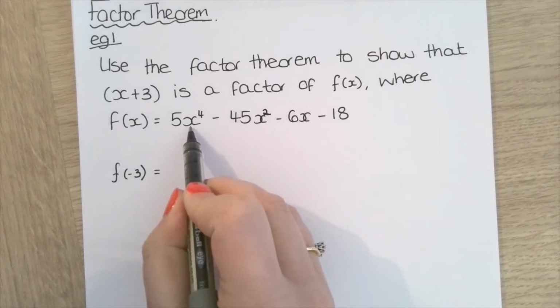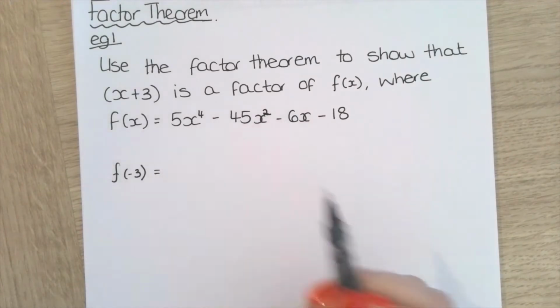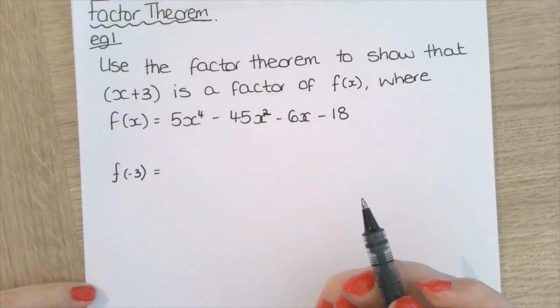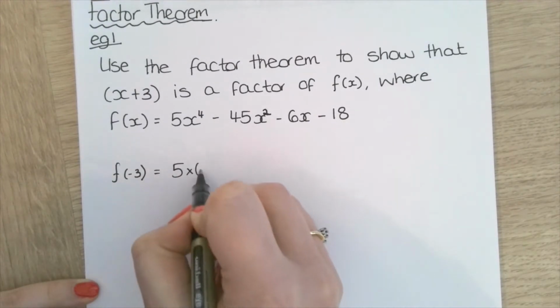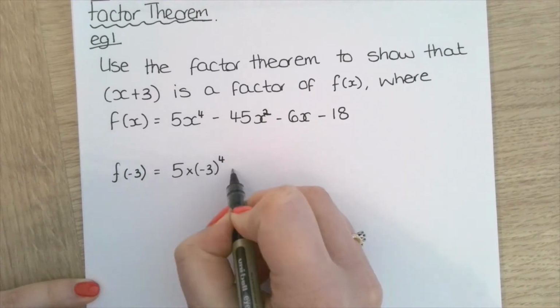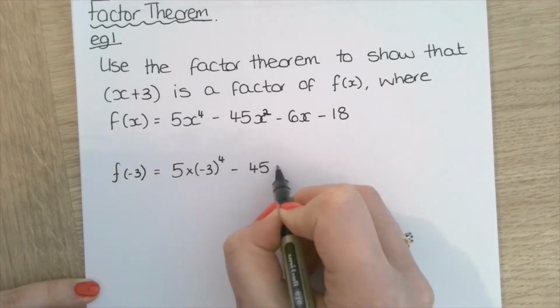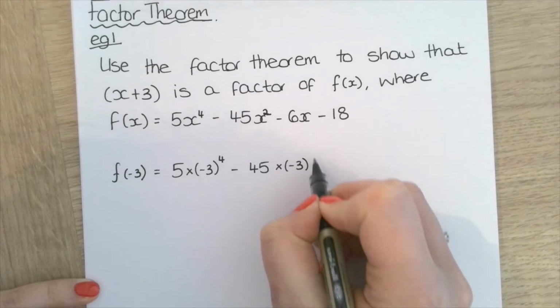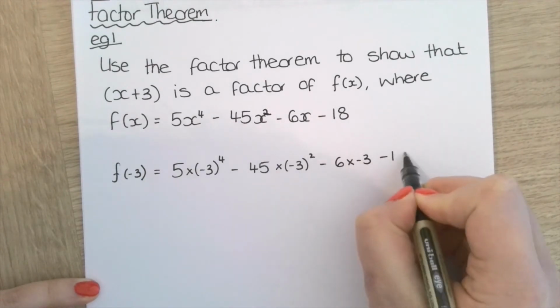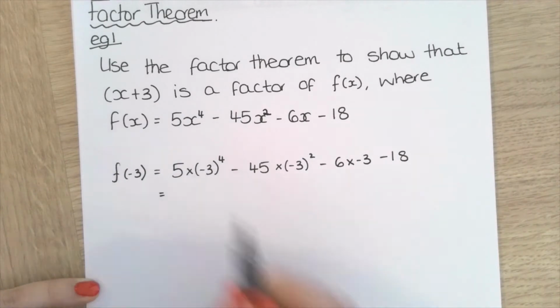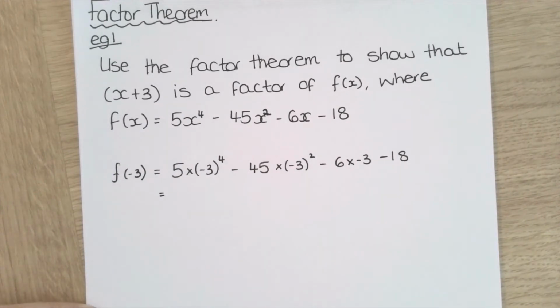I'm then going to substitute that x value into all of the times that I see x in the function. So 5 times negative 3 to the power of 4 minus 45 times negative 3 squared minus 6 times negative 3 minus 18. Now this could be calculator, it could be non-calculator.